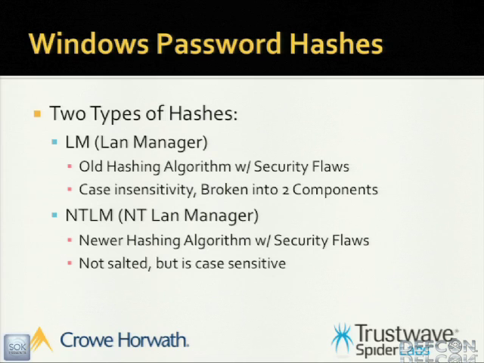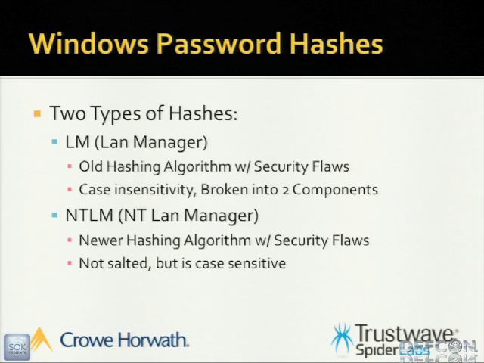Then it would split the password into two 7-character byte chunks. So if you had an 11-character password, you would have a hash of the first 7 characters and a hash of the remaining 4, padded with 3 extra nulls. Now instead of cracking all the possible combinations of 11 characters, I only have to crack a 7-character password and then a 4-character password. So it's really easy to brute force.